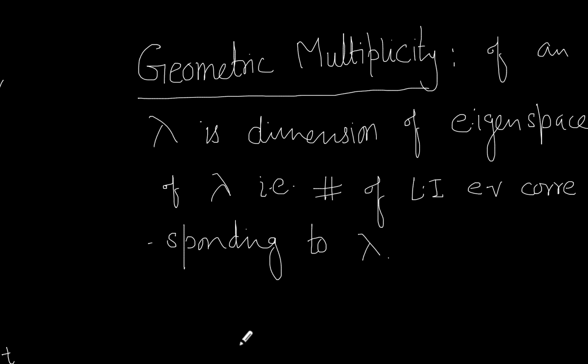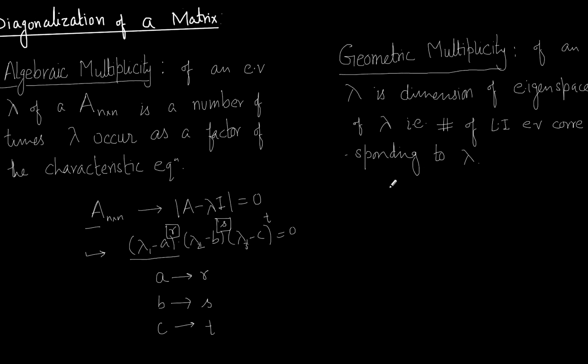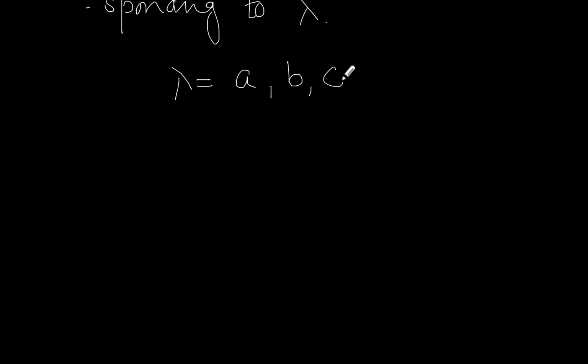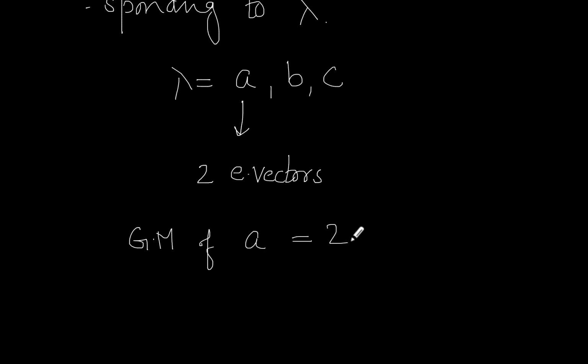For example, suppose you have lambda equal to A, B, and C. Suppose these are eigenvalues of a square matrix A. Now suppose corresponding to A, you have two eigenvectors, then we will say that the geometric multiplicity of the eigenvalue A is 2.